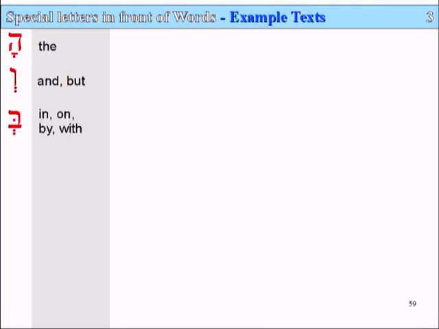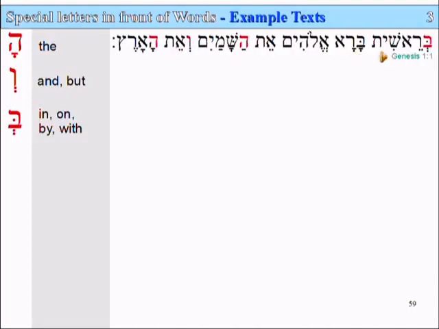So we'll have a look at texts that use the hey and the vav and the bet, the, and, and in, if you like. The first one is from the first chapter and the first verse of the Bible in Genesis or Bereshit.